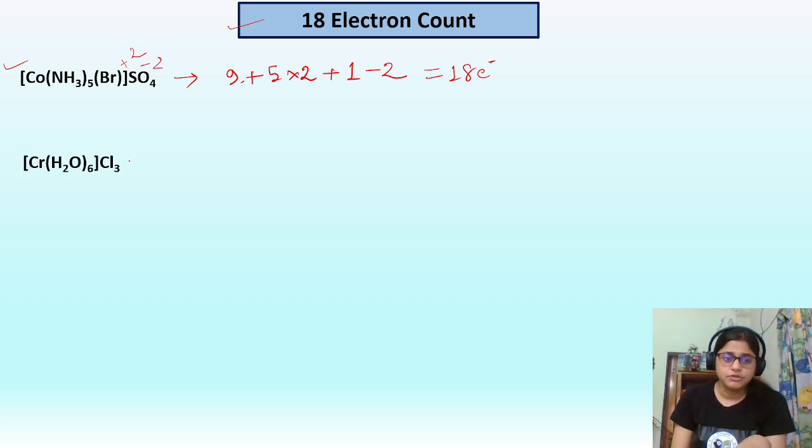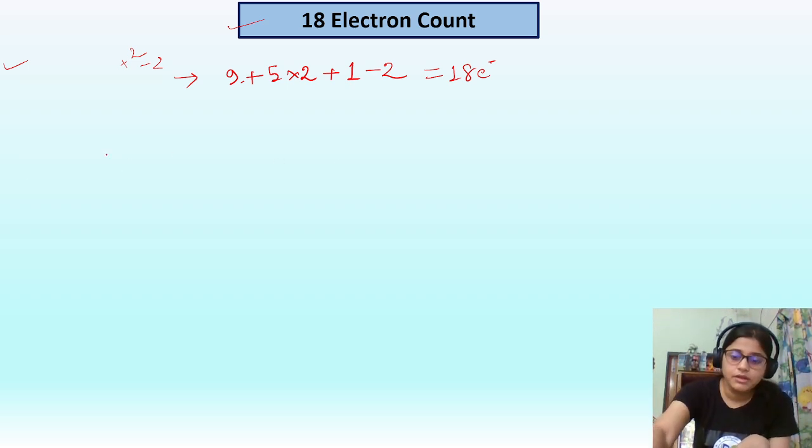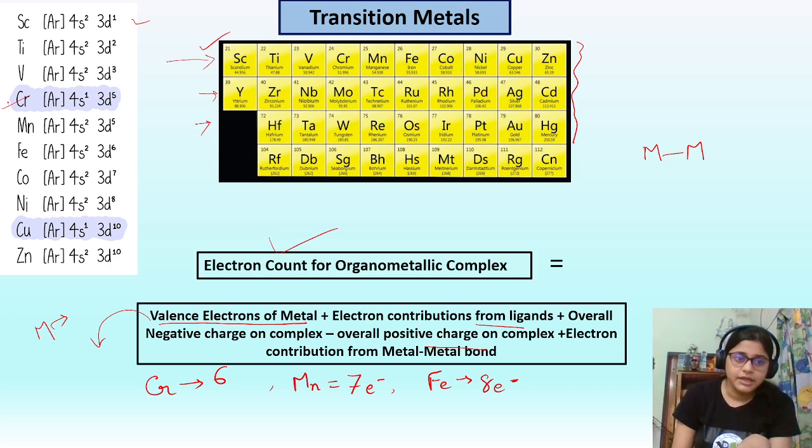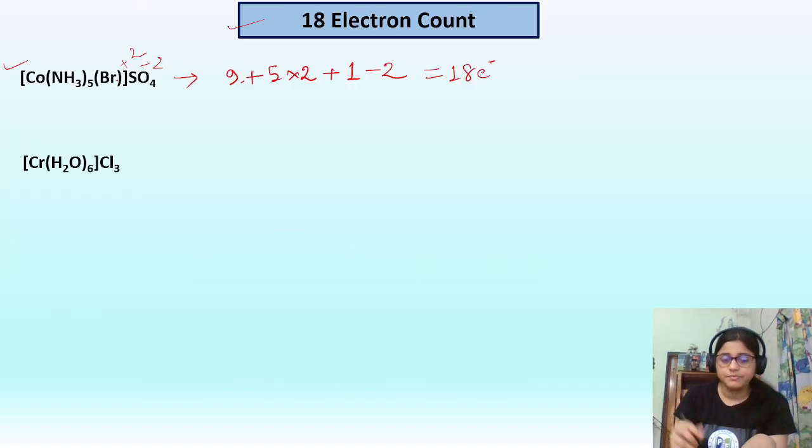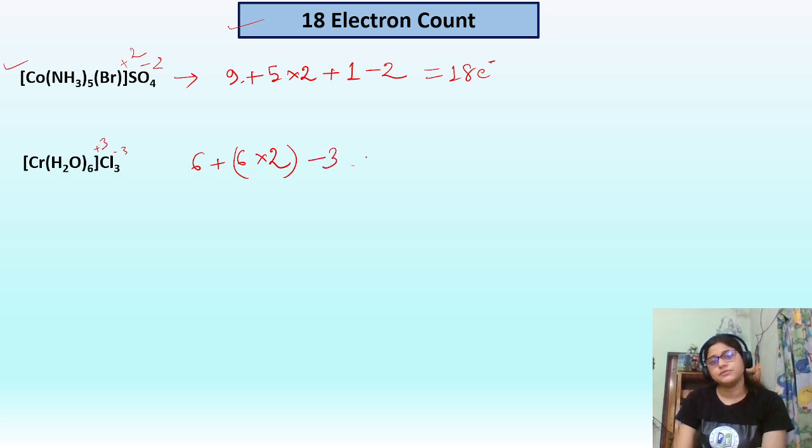Now coming to this, so chromium in here, before manganese it has 4s1 3d5. Okay, so that means 6 electrons. So we have to take 6 electrons from chromium, and H2O is again a neutral ligand, so 6 into 2 electronic contribution, and here Cl3 means minus 3 charge is there, so plus 3 will be in the complex, so we have to subtract it.